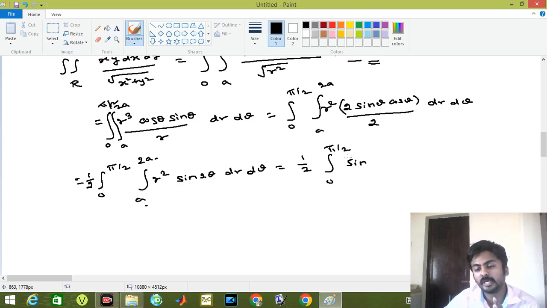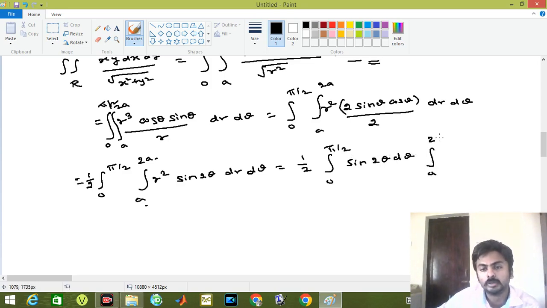Since these two limits are independent of their variables, you can split like this also: sin 2 theta d theta, integral a to 2a r square dr. You can write like this also because a and 2a are also constant. They are independent of r and theta. 0 to pi by 2 is also constant. They are also independent of functions r and theta. So since they are constant, you will be able to write like this.